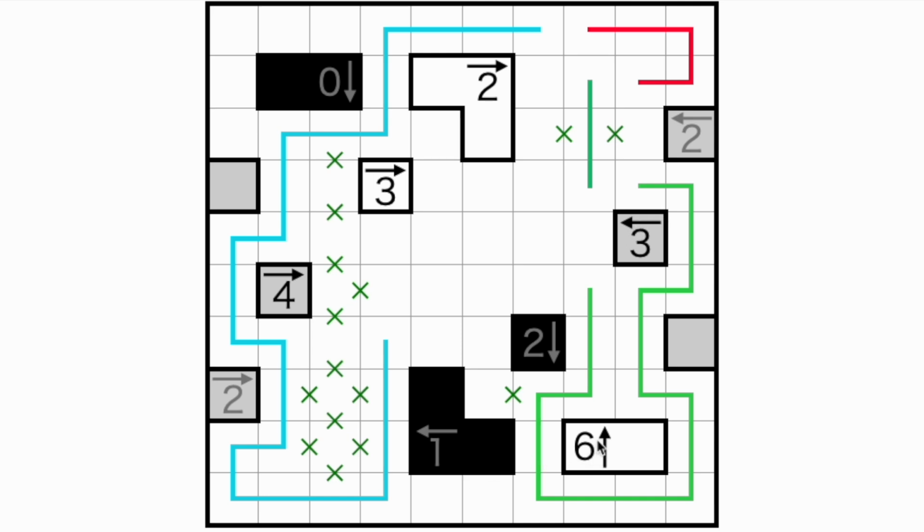But because I've been thinking about this 6 clue, if this line were to go west, I think that breaks the puzzle, because this endpoint would then have to also go west, and we have 1, 2, 3, 4, possibly 5 vertical segments, not the 6 we need, because this would be broken and this would be broken.